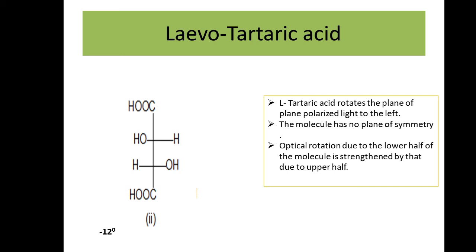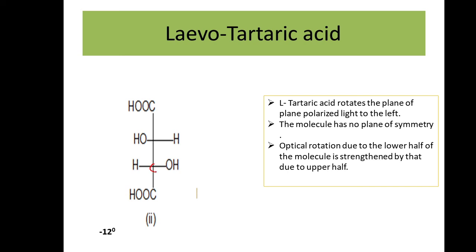Whereas this is the second structure. Optical activity studies show that this structure shows negative rotation. That means it rotates the plane of plane polarized light towards the left. This molecule also possesses no plane of symmetry. Optical rotation due to the lower half of the molecule is strengthened by the upper half.